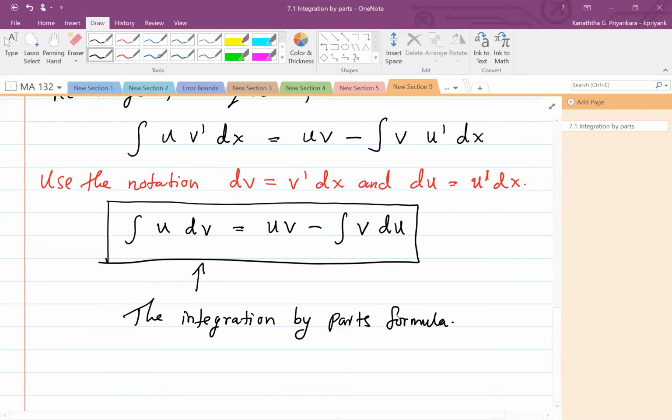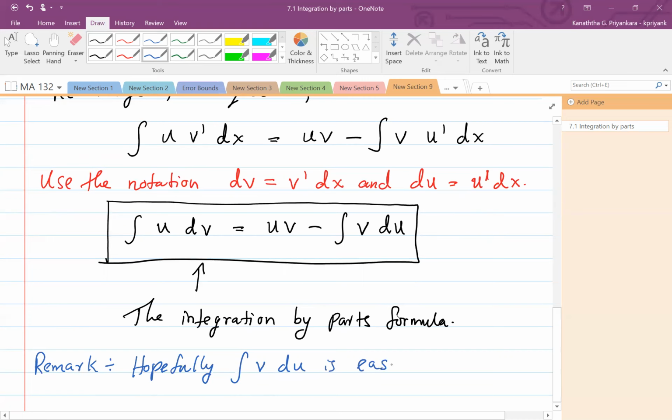That's how we will figure out u and dv. So remark: hopefully the integral of v du is easier than the integral of u dv. So that's how we need to figure out u and dv.